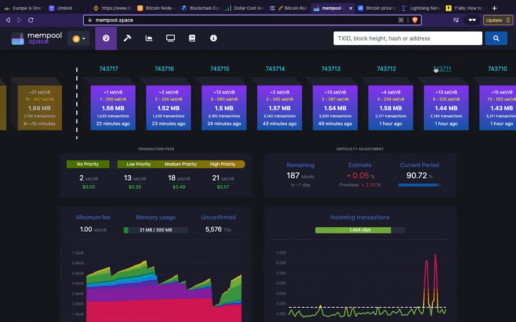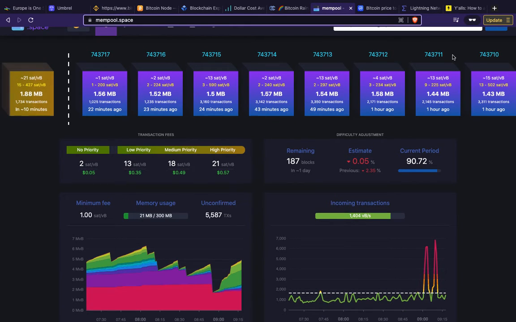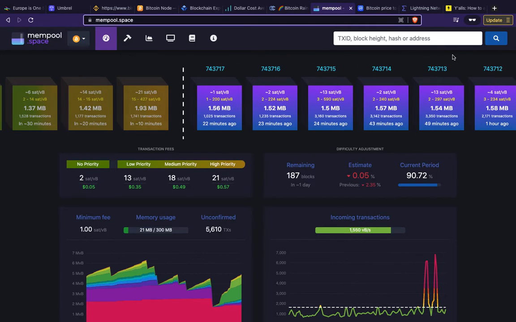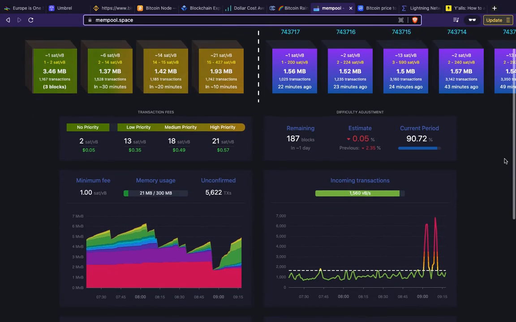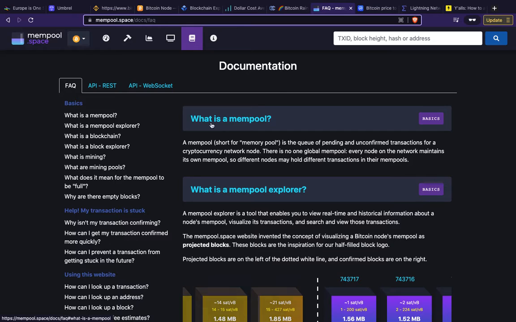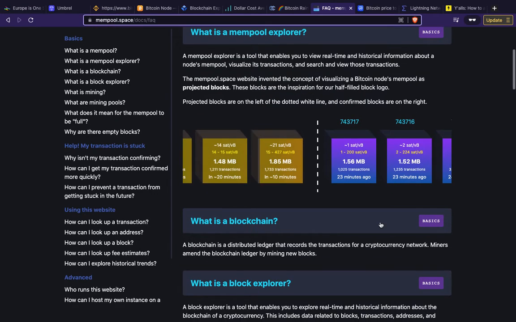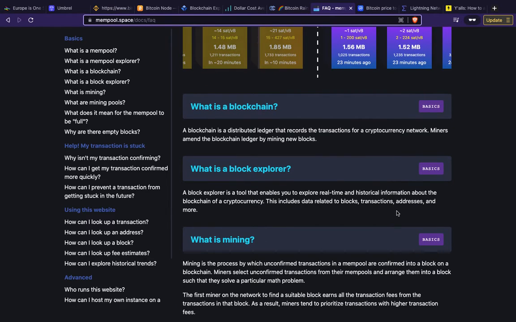You can go all the way back through the blocks. They track every single transaction on the Bitcoin network, a Bitcoin Explorer. It's really amazing. This website also teaches you what a mempool is, what a mempool explorer is, and so many things. What is a block explorer?